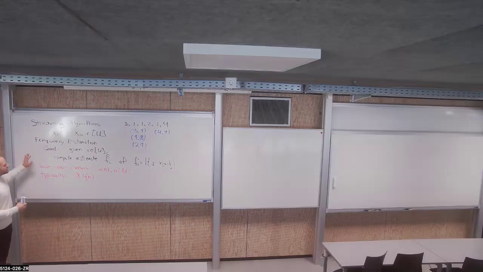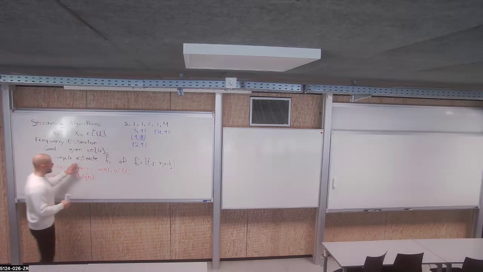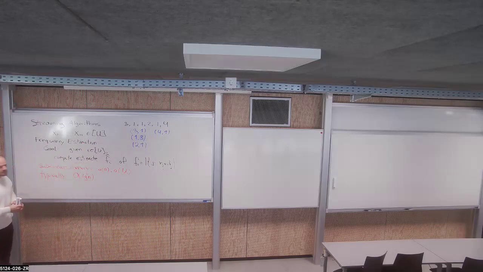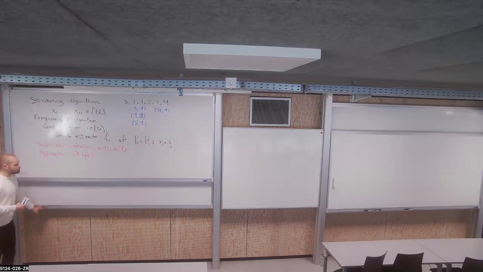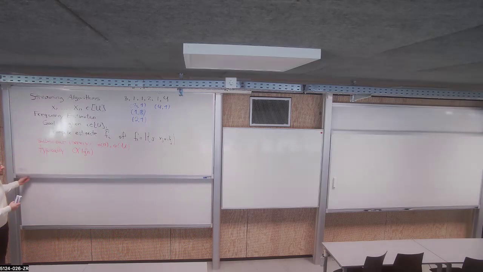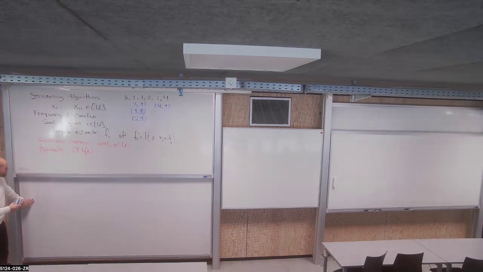This is frequency estimation. We have a stream of items, and we want to estimate how many times I saw a given item i. There are a couple of popular models that we can study streaming algorithms in. Let me put them down here. I guess there are three different setups that are typically studied.